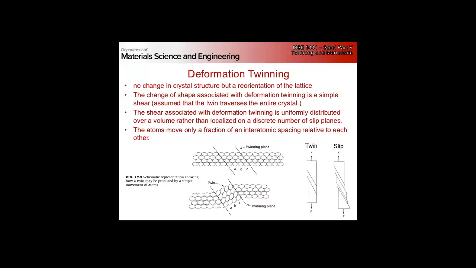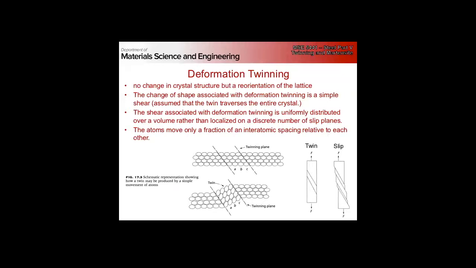If we assume this is a single crystal and the twin traverses the entire region, what we have here is one orientation, a different orientation, back to the original orientation, right? And then as we continue to deform, this twin region will grow wider and wider, or a new twin might nucleate somewhere else. All right?